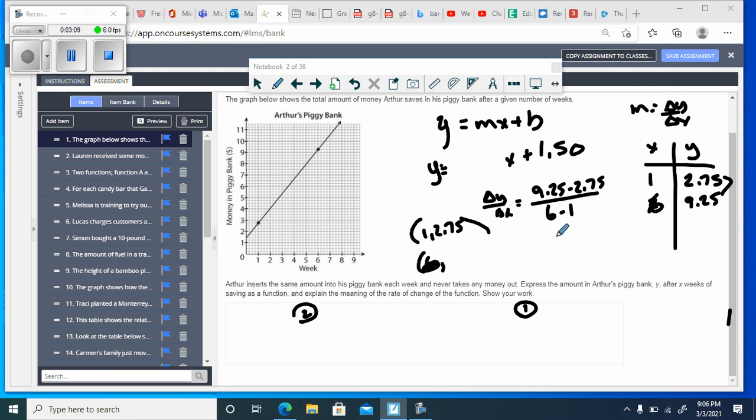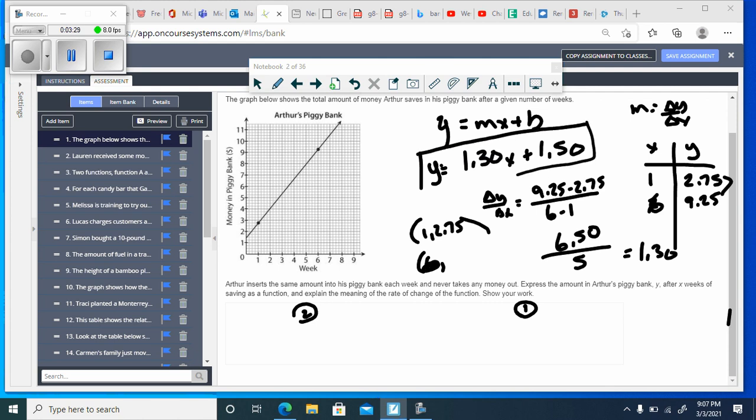Okay, so this is 650 over 6 minus 1, which is 5. Divide 650 by 5, and our rate of change is $1.30. Okay, so our m is 1.30. Here's our equation. y is $1.30 times the number of weeks plus $1.50.